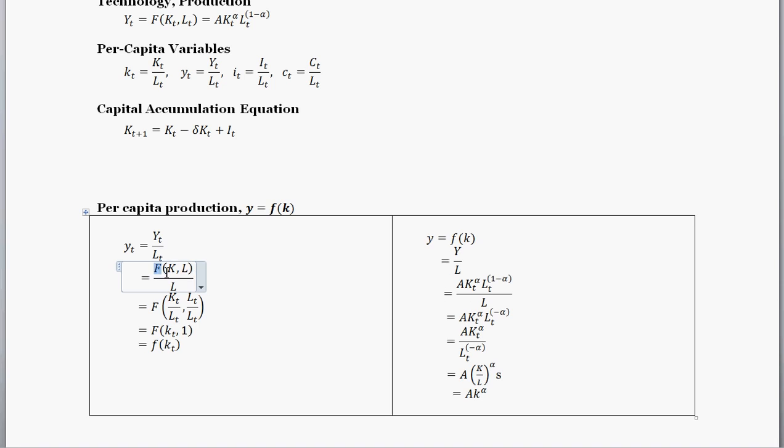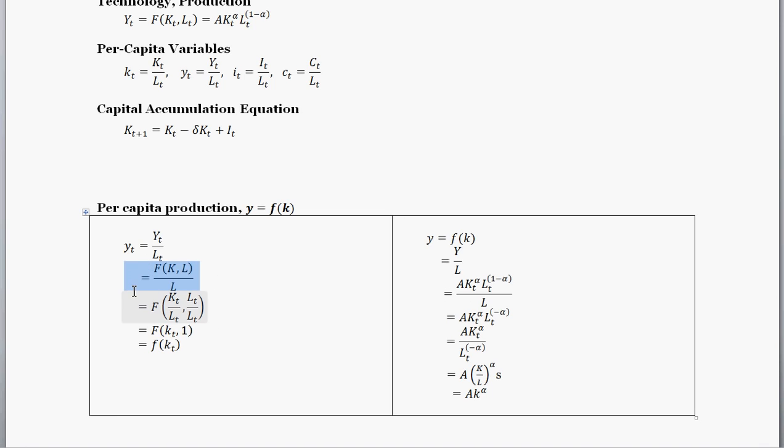Y, the production function, is a function of capital and labor divided by L. And then since this production function is constant returns to scale, if we multiply the factors in the production function by some amount, then you'll increase output y by that amount.